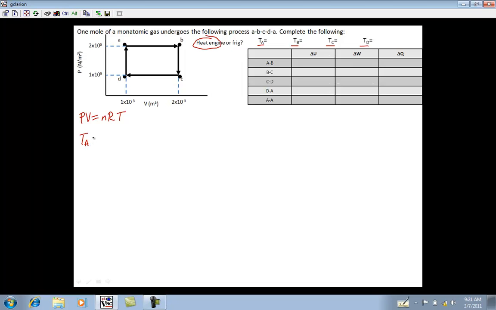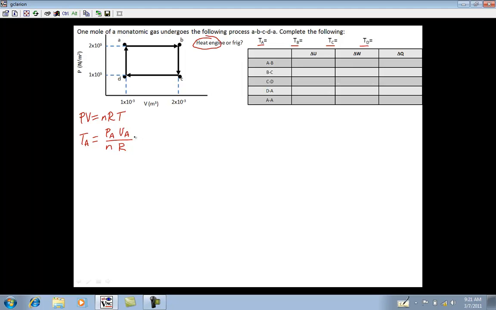So get out your calculators. The temperature at A would equal the pressure at A times the volume at A, divided by the number of moles times the gas constant.